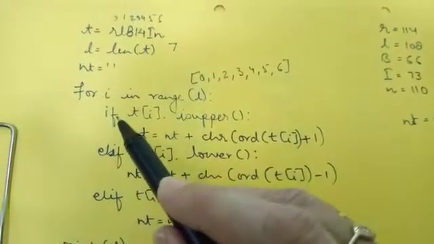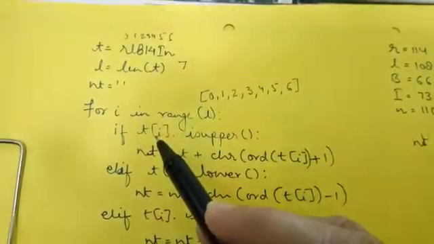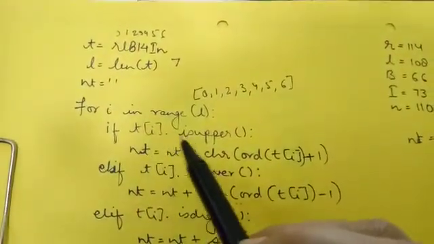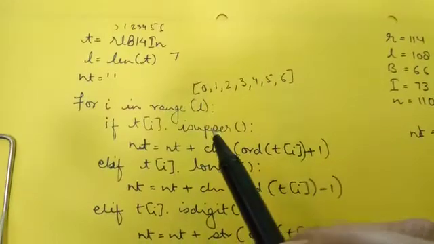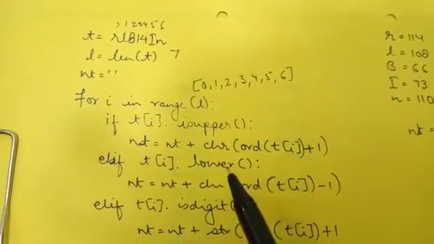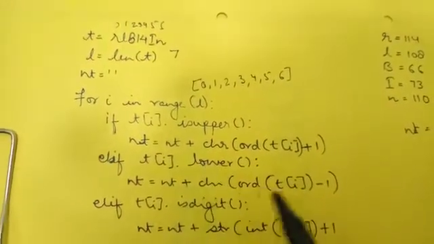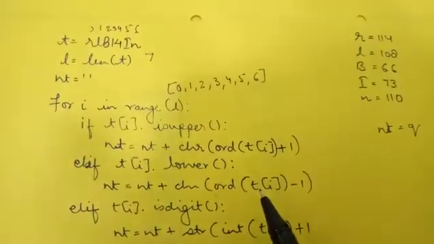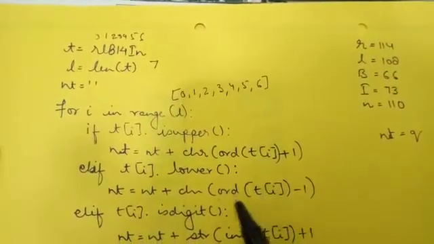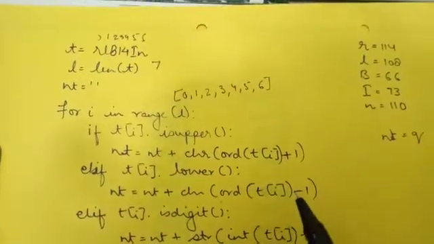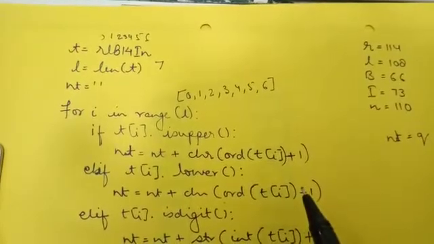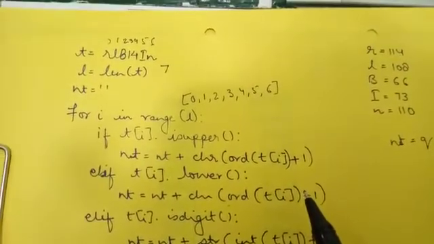Again it is checking t1, which is what? Small l. If t1 dot is upper, now the condition is again false, come here, the condition is true. When true, again it is finding the ordinal number of small l, which is what? 108. 108 minus 1, 107. The character form of 107 is k.